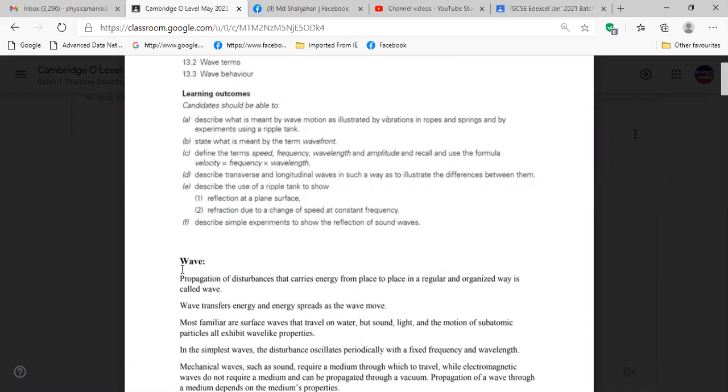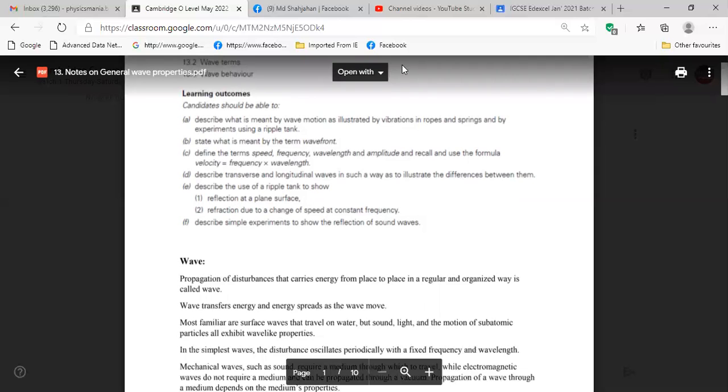You just write the first two sentences. Then after writing these two, you write what I'm writing.